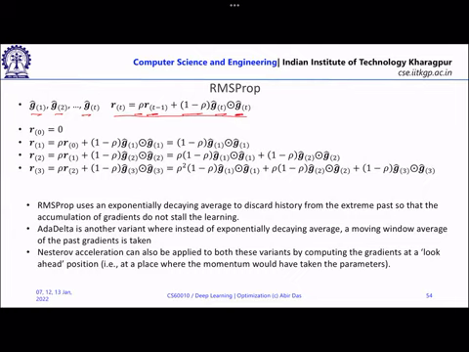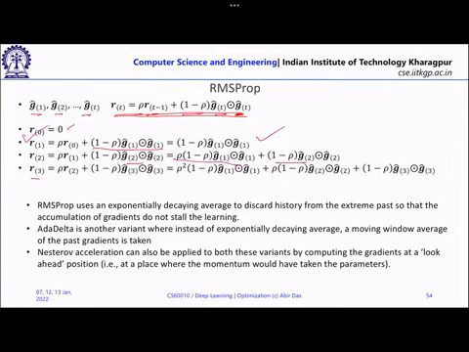Since r0 is 0, just this term remains. What is r2? If you put it in this formula, rho r1 plus 1 minus rho into g hat 2 into g hat 2, by into I mean element-wise multiplication. Now if you put r1's value from here, it is this and this.